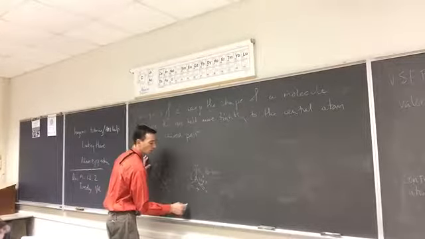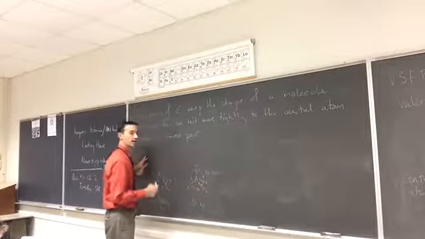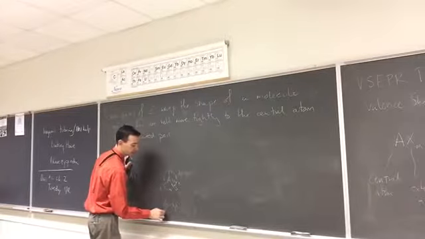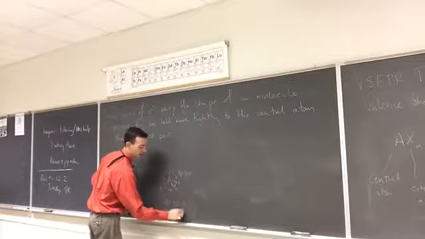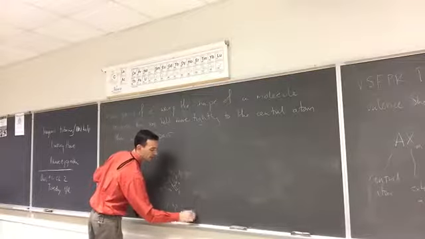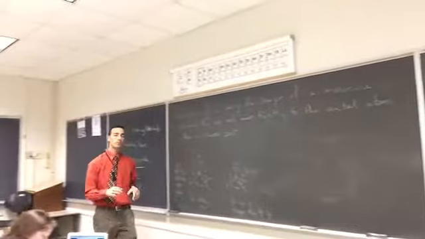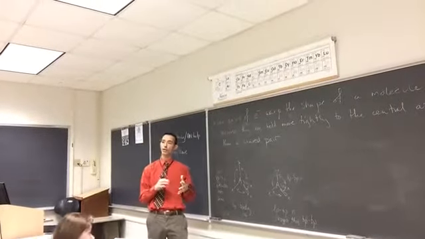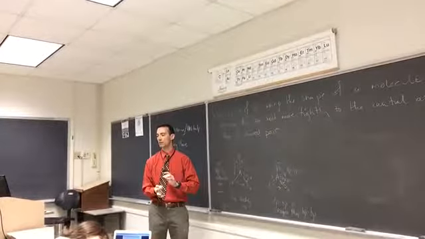The lone pair bonding pair repulsion or interaction is sort of stronger than a bonding pair interaction. So you need to give it more consideration when thinking about the shape of the molecule.